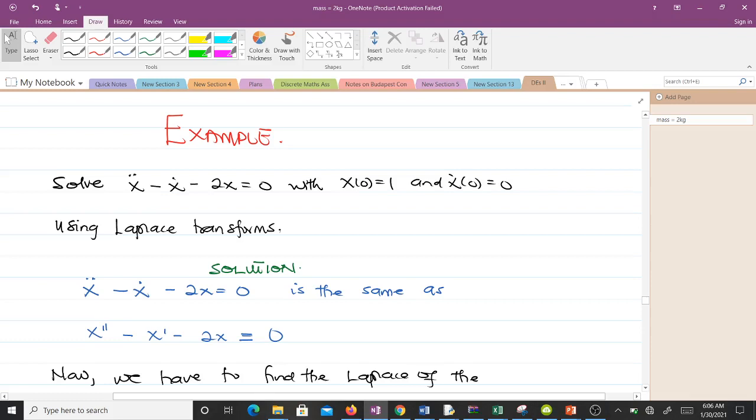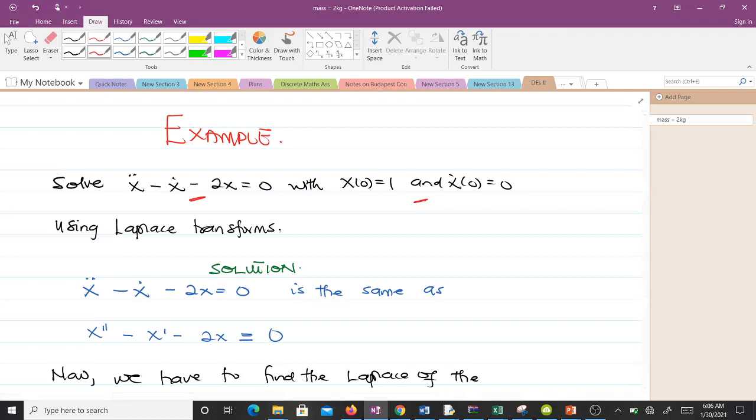Let's start off with example 1. Example 1 says that we have to solve this differential equation here with these initial conditions using Laplace transforms.